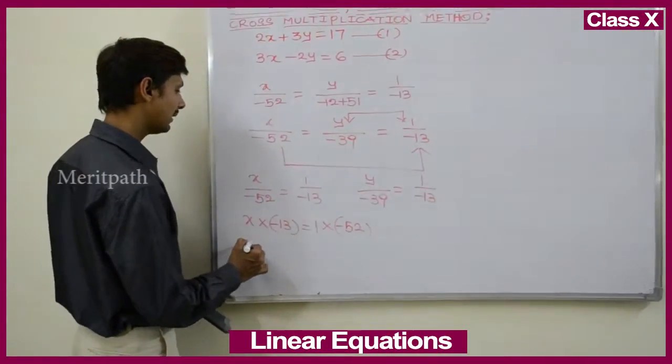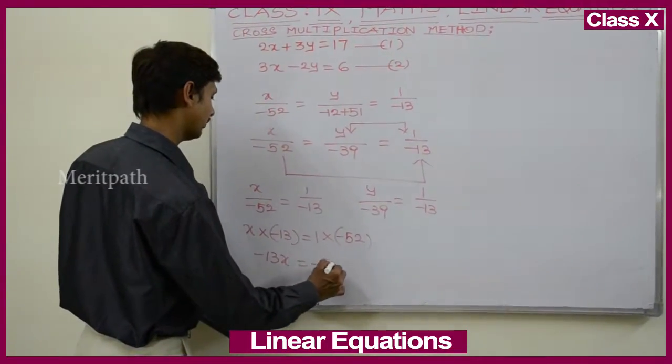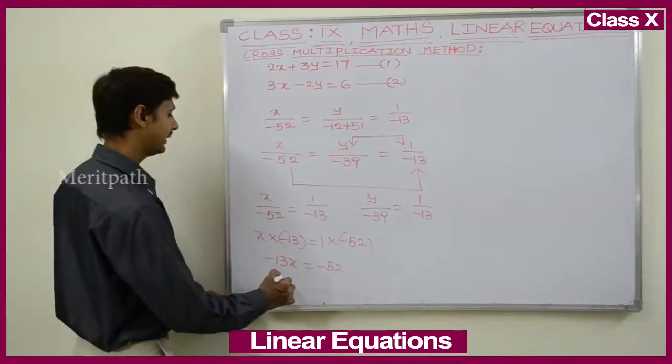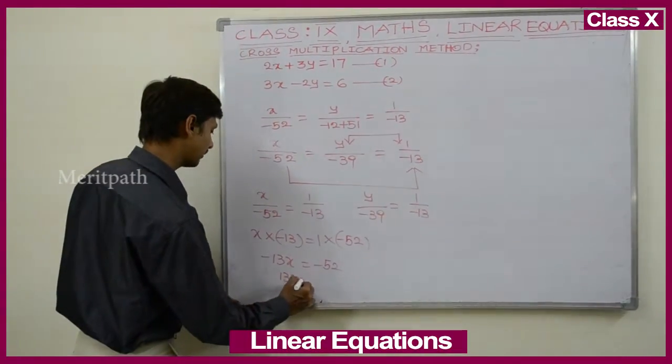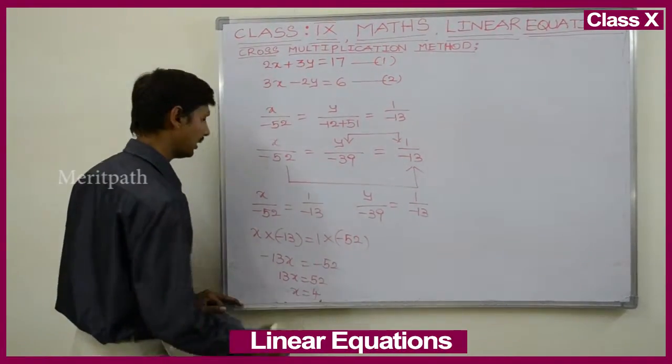Let us simplify this part. Minus 13x equals minus 52. If we cancel minus on both sides, we get 13x equals 52, and x equals 4 after simplification.